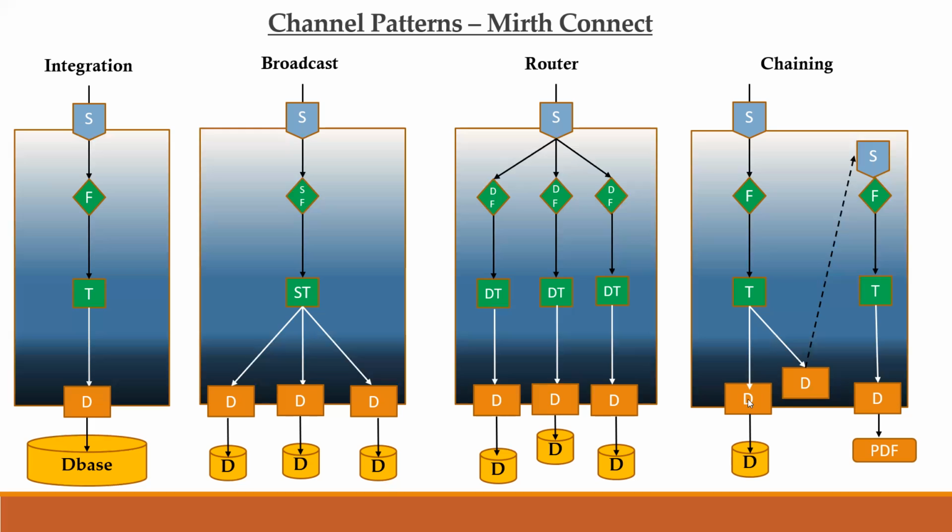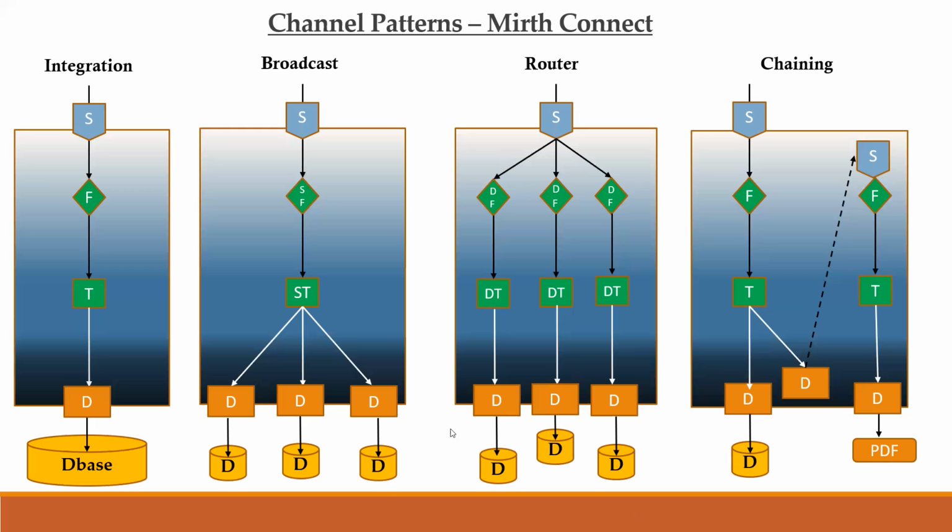Now here, D represents a destination within Mirth Connect. When the message is traveling through the channel, it will reach a destination component, right? So the destination connector will decide where the message has to go. Here, the destination is writing the data to the EHR database.